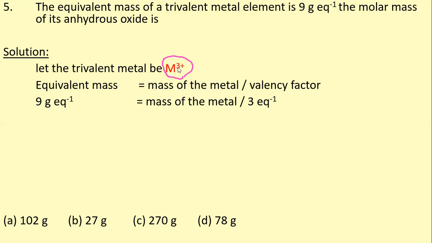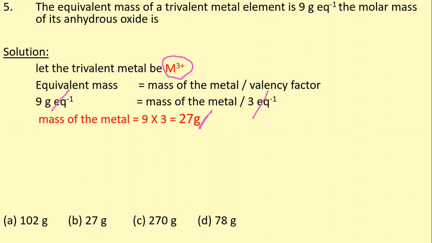This 3 plus refers to the valency. That we have to mention in equivalents, because the valency factor is expressed per equivalent. So on cross multiplying, this 3 will come to this side, so 9 into 3, and both equivalents get cancelled. So now we get 9 into 3 will be 27.